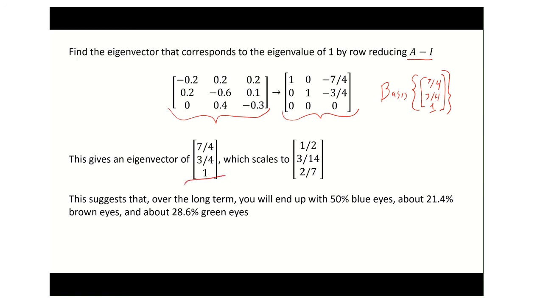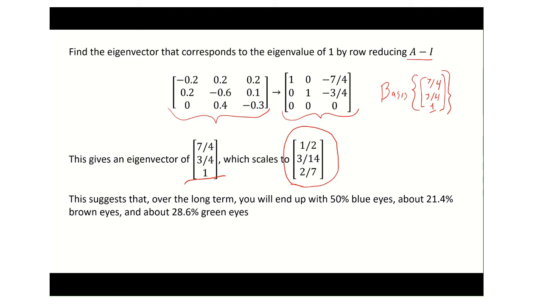So that's our eigenvector. But now the entries don't add up to 1, so we have to scale it. They add up to 14/4, so you have to divide every entry by 14/4. When you do that and you simplify, you end up with that as percentages. That's your steady state vector. A times that vector equals the same vector.